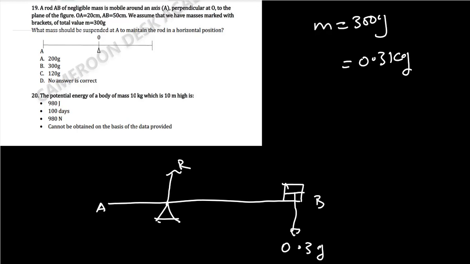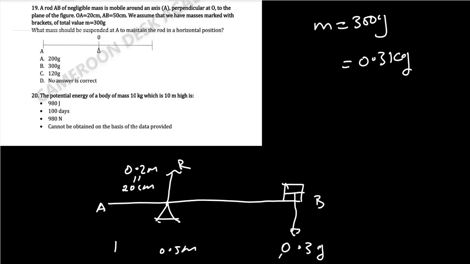We call it R, and so the distance from A to O is 20 centimeters, which is equal to 0.2 meters, and the distance from A to B is 50 centimeters, so the length of all this is 0.5 meters.